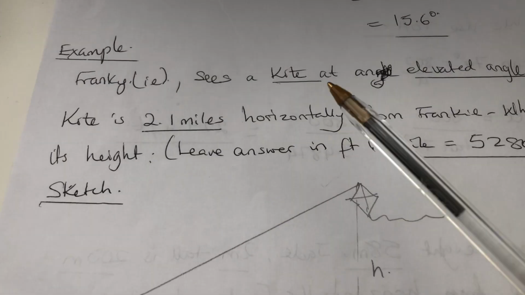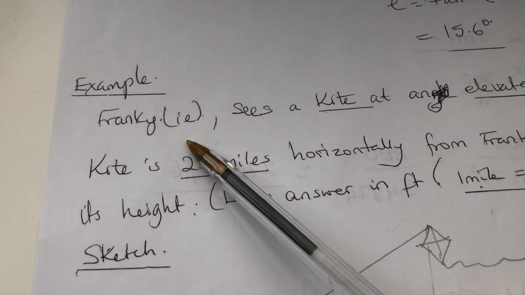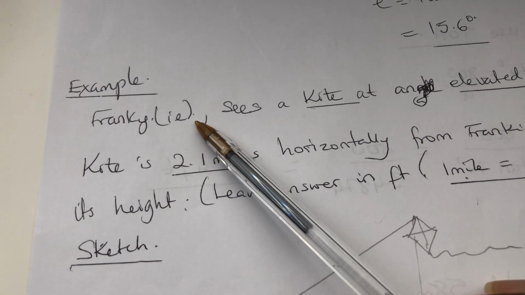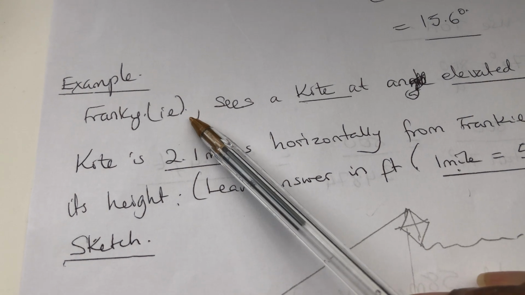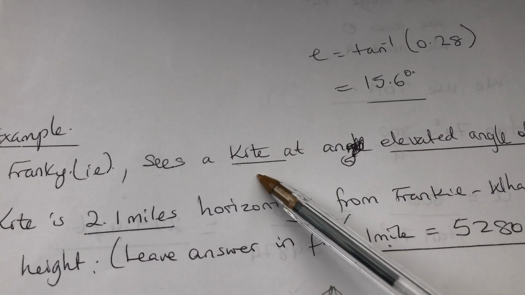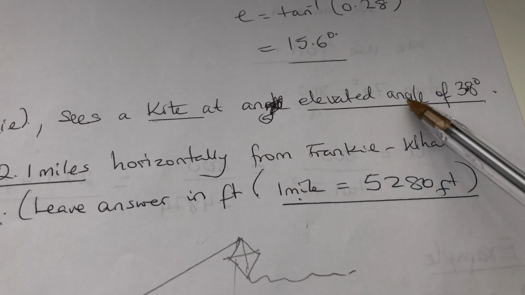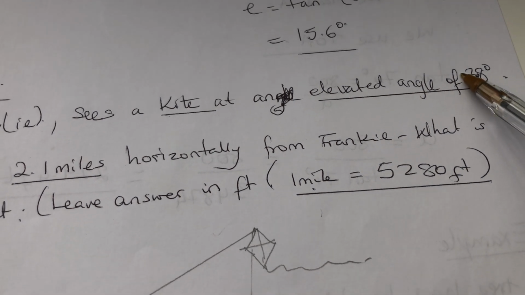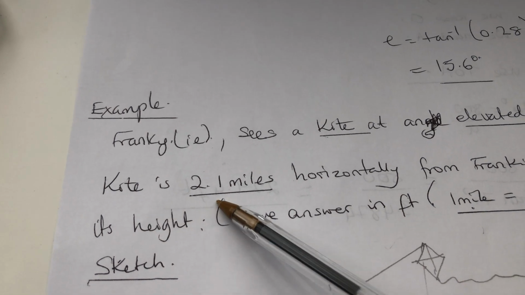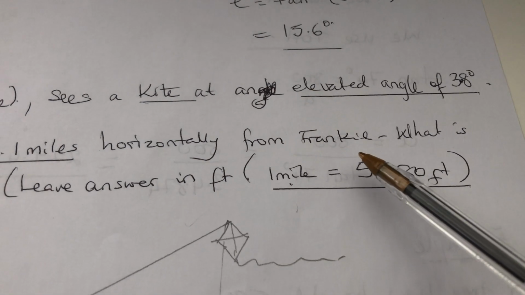Now let's look at another example. Frankie, some people spell it with a Y, some with an IE, sees a kite at an elevated angle of 3.8 degrees. The kite is 2.1 miles horizontally from Frankie.